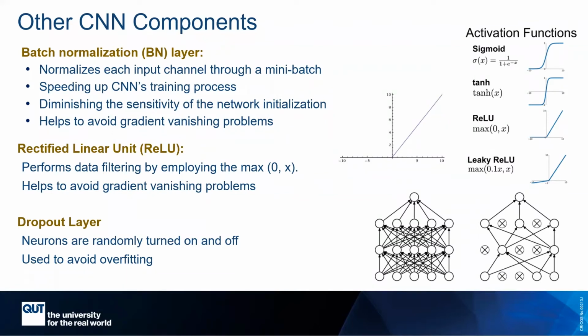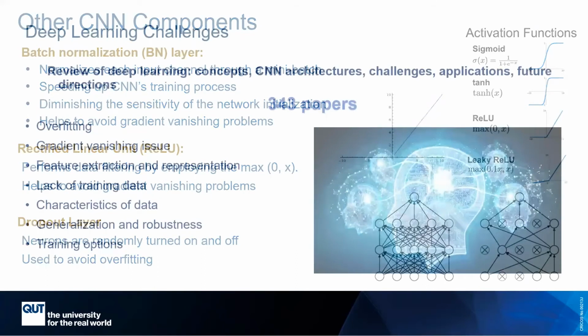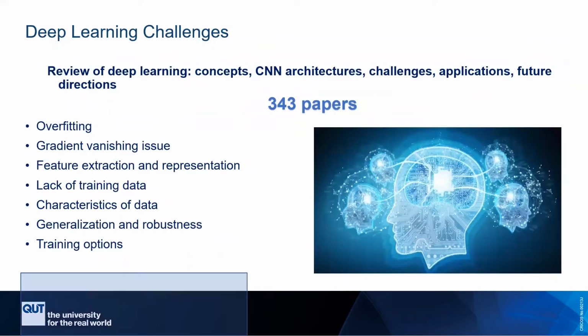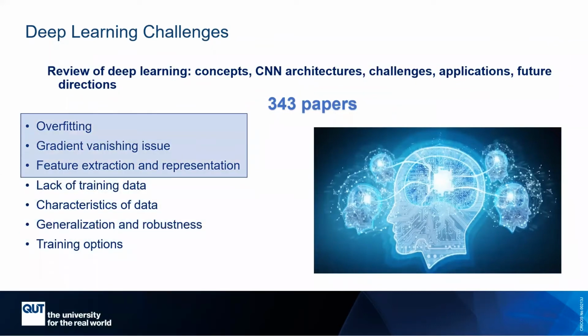There is another type of layer called dropout layers, where the neurons are randomly turned on and off in order to avoid overfitting. So, based on the review that we have done in this paper, reviewing deep learning concepts, CNN architectures, challenges, applications, and future directions, we can conclude the problems of deep learning in three different ways. The first is based on the structures: overfitting, the gradient vanishing issue, and feature extraction and representation.